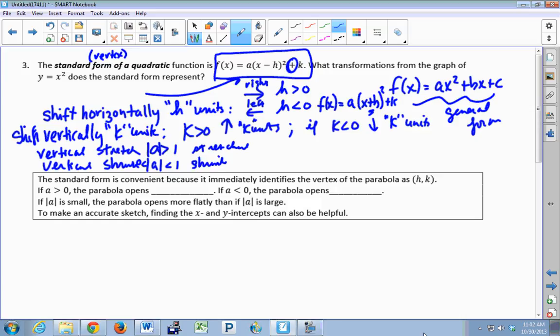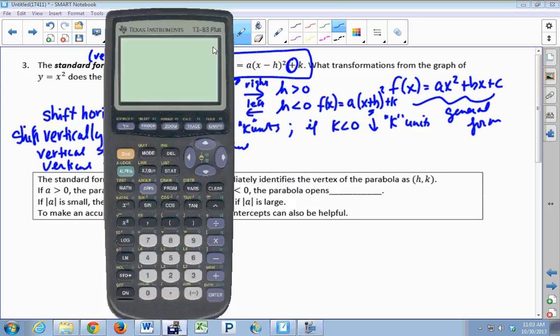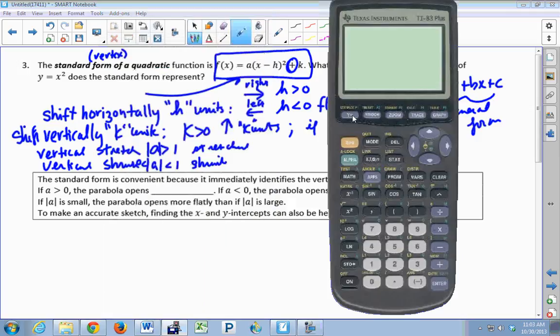So it opens a lot slower and it's a lot wider because all of your y values have come down to be closer to the x-axis. So let's take a look at that for a second with the graphing calculator. Let's do a couple of graphs all at once. Let's say we do y equals x squared, just the parent.